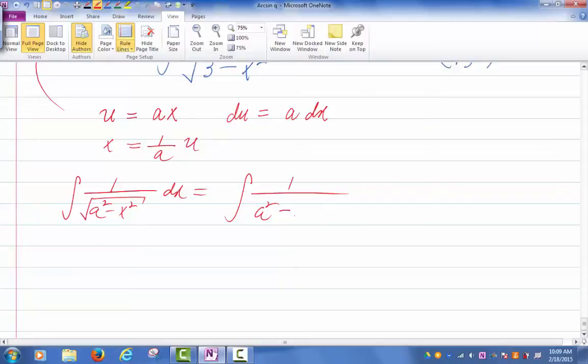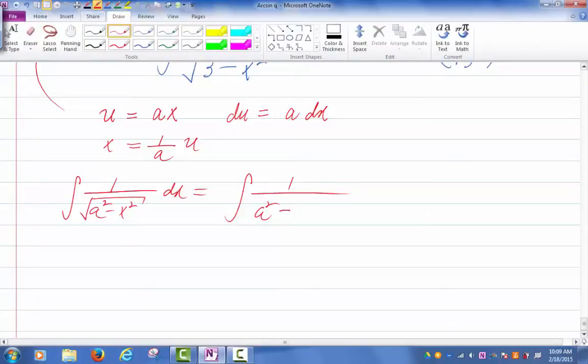Oh, I'm sorry, I made a mistake here. Did you guys see the mistake that I made? What I want is the other way. I want x to be a times u, which means u is 1 over a x, and it means that dx is equal to a du.